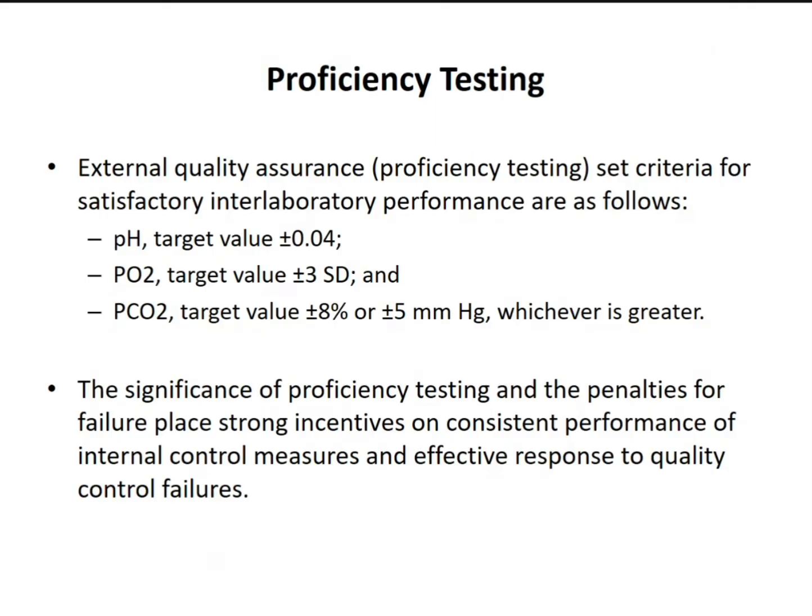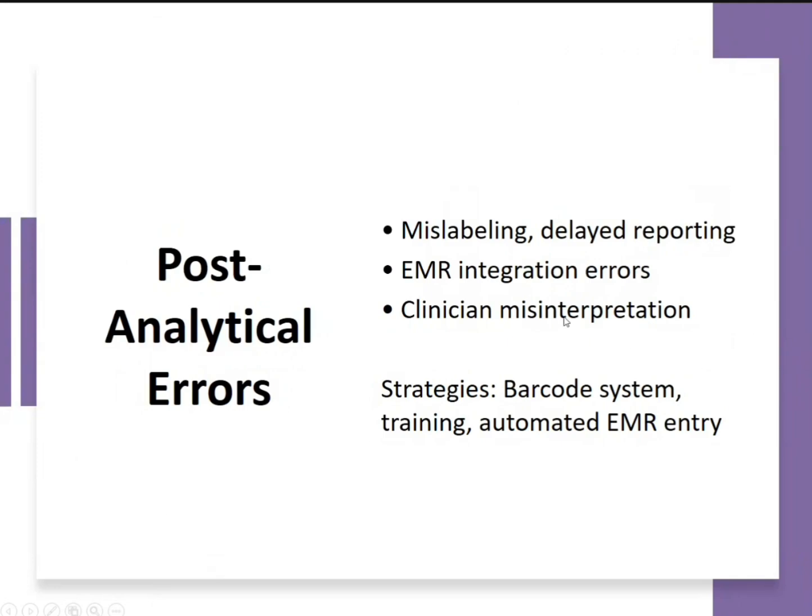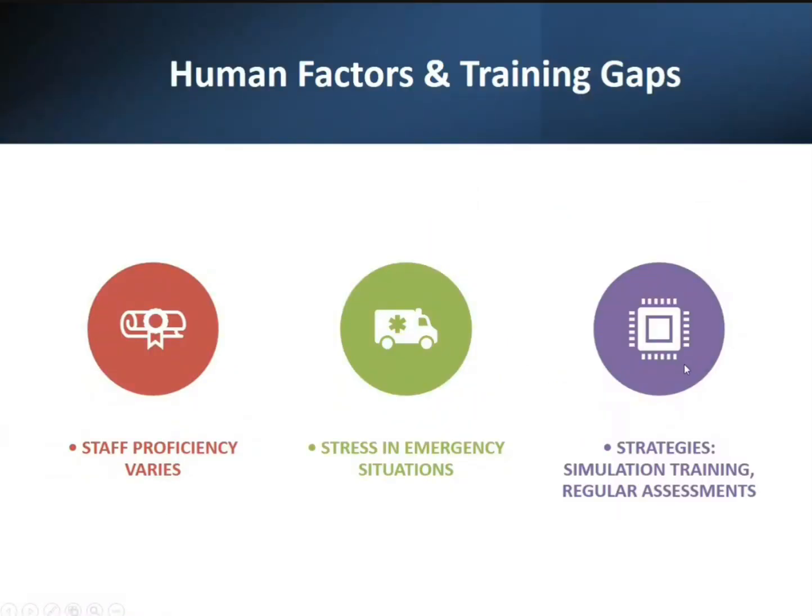So the significance, obviously, is like any other autoanalyzer that you use in biochemistry. Post-analytical errors like mislabeling, delayed reporting, all these things are there. I'll not spend too much time here. There are factors which can impact your ABG results: staff proficiency, stress in emergency situation, and all these things.